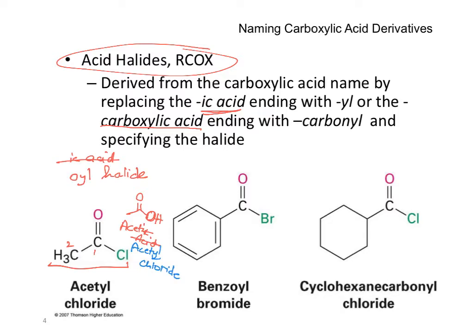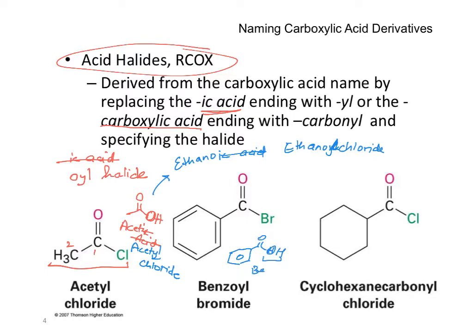You might want to consider the IUPAC name for that. So we would have called it ethanoic acid. Again, I'll drop the ic acid. The name becomes ethanoyl chloride. There is a space in between. Likewise, if you look at the next one, that is coming from benzoic acid.